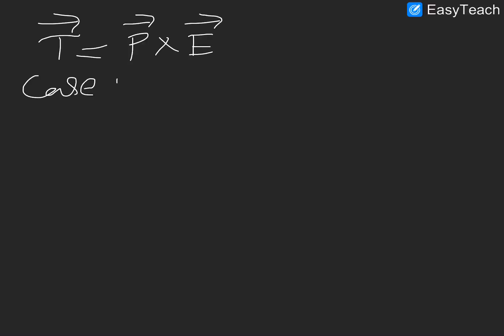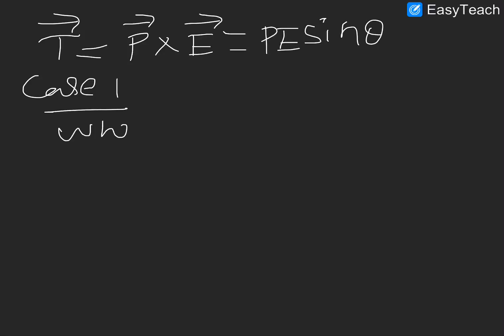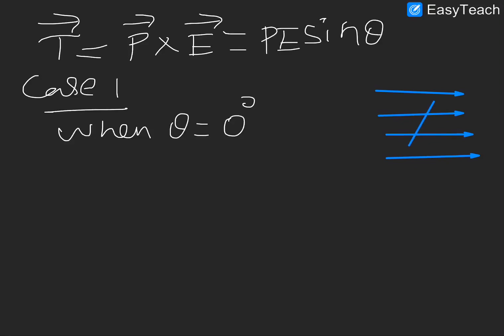Now let us discuss some cases. This is equal to PE sin theta when theta is equal to 0 degree. What is theta here? Here you are having an electric field, and in that electric field you are placing a dipole.